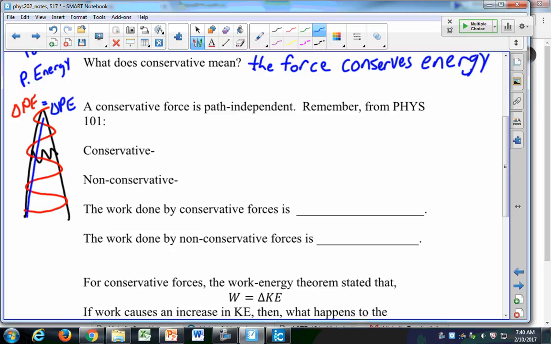All right, so conservative is a force that conserves energy. The amount of work done by the force changes the energy by the same amount.